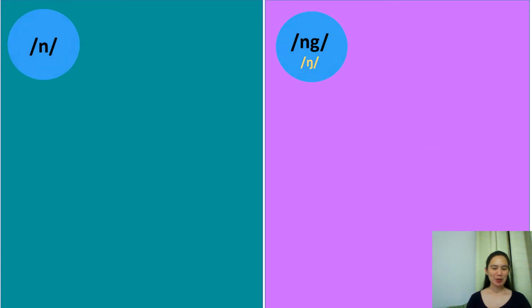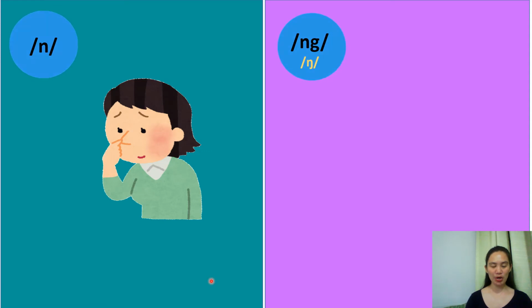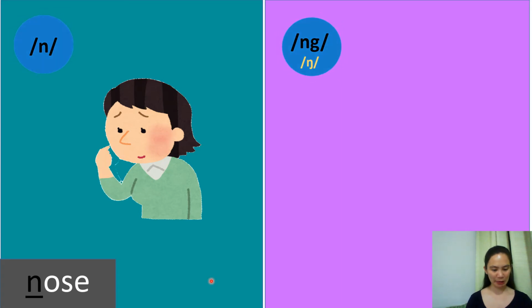Next pronunciation symbols for consonants are the symbols that stand for the sound of N and NG. For the sound of N, we have the word with letter N, and that is the word nose.